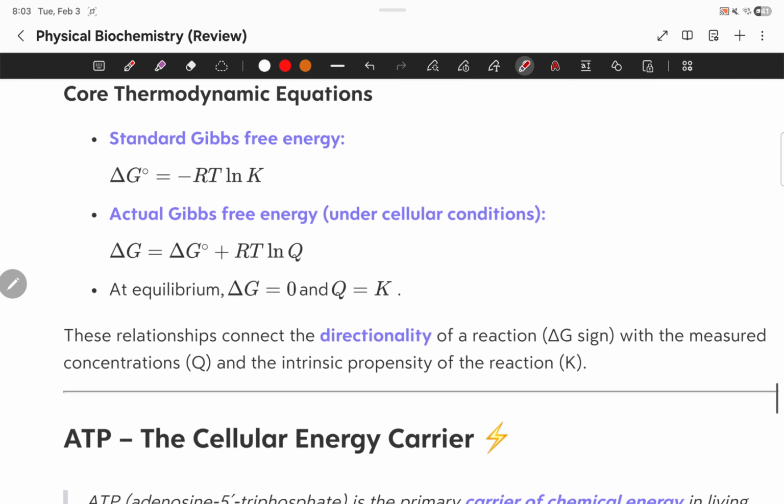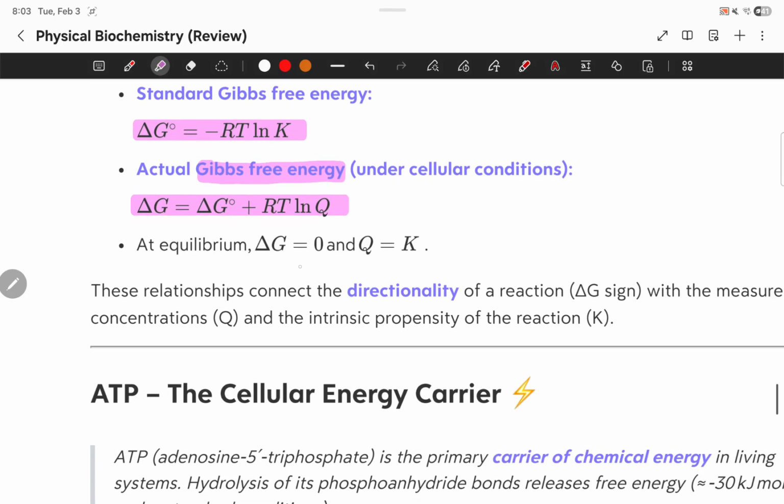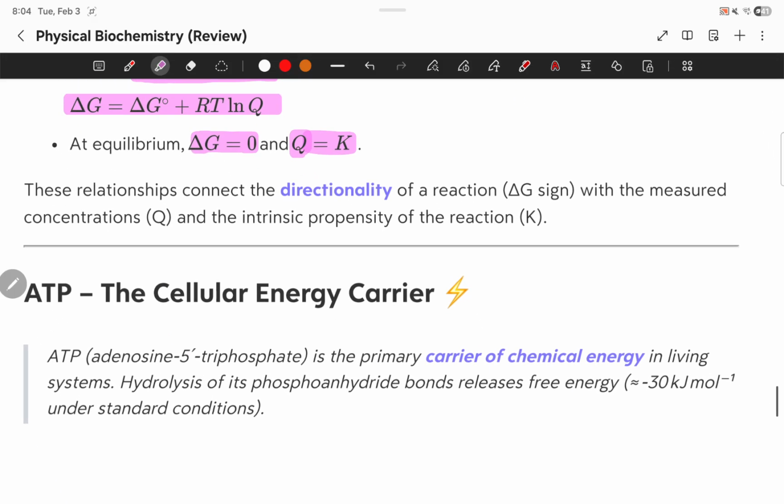Now we have the core thermodynamic equations right here. The standard Gibbs energy is equal to that. The actual Gibbs free energy is equal to that. And then at equilibrium, delta G is equal to 0, and Q, the mass action ratio, is equal to the equilibrium constant.